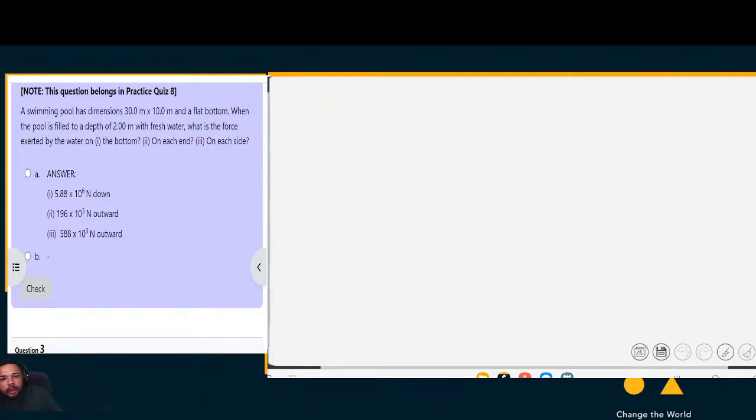And now a quick recap on fluid mechanics and what you should know. The pressure in a fluid at rest varies with depth. So the pressure at a certain distance underneath the water.